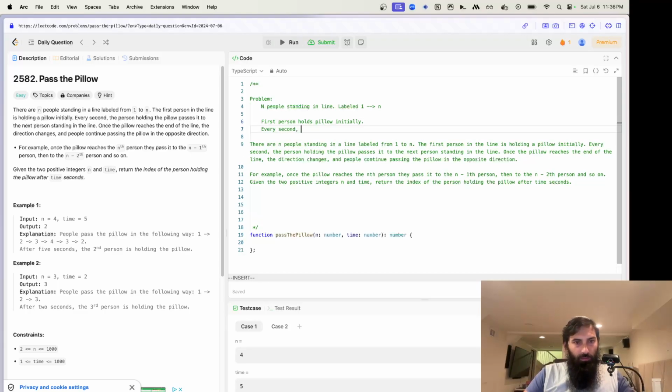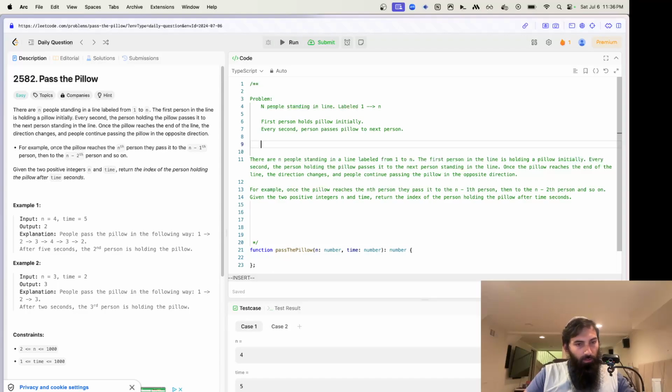Every second person passes pillow to next person. Okay. Once it reaches end of line, direction changes. Okay.